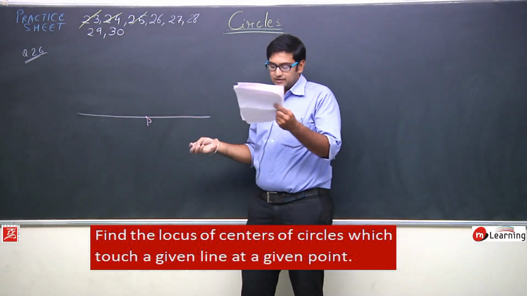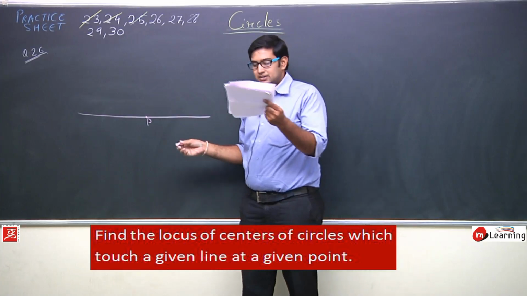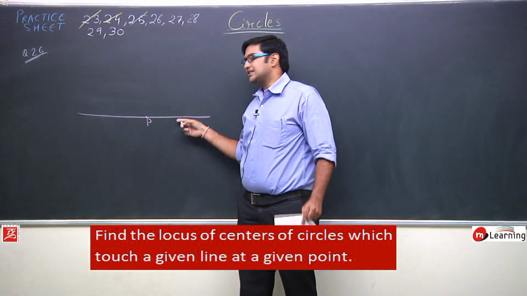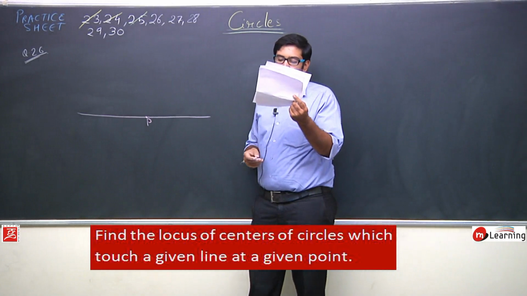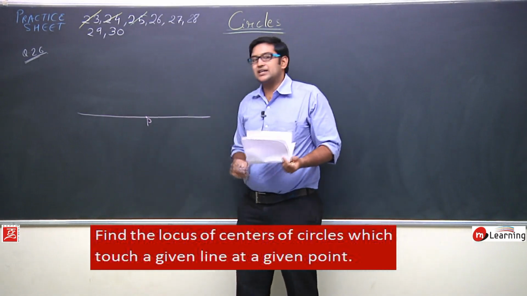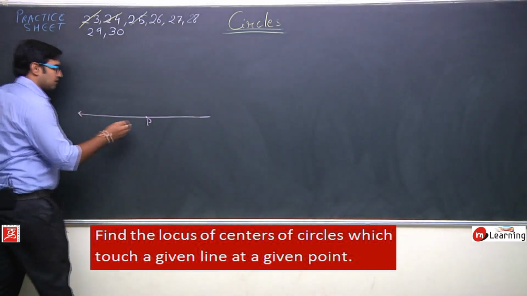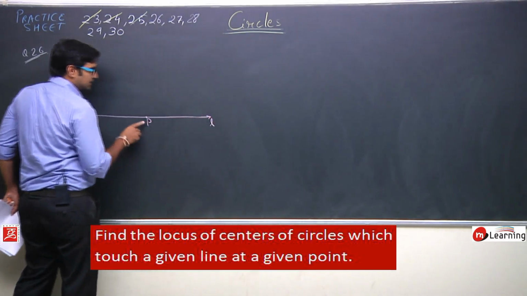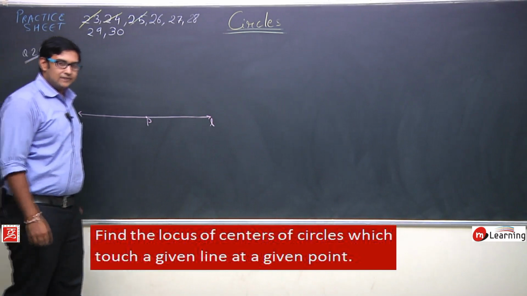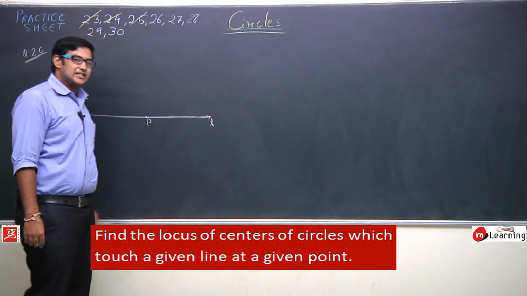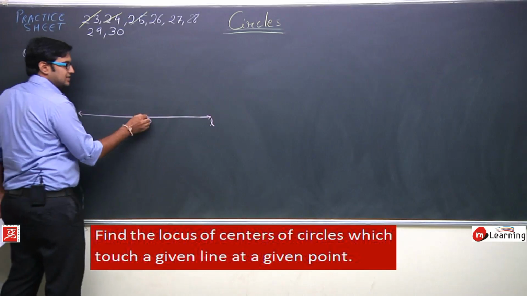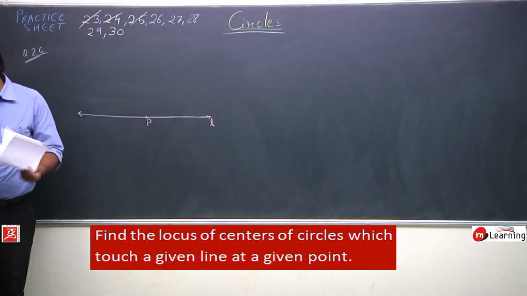It says find the locus of centers of the circles which touch a given line. So let us say this is a given line and at a given point. So let us say P is the given point. Okay, let L be the given line and this P is a given point, and I have to draw circles such that the circles touch this particular point P.